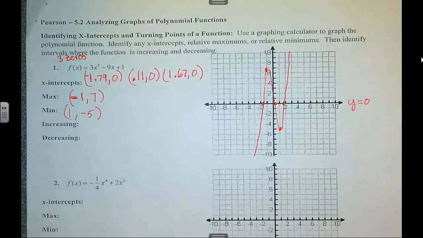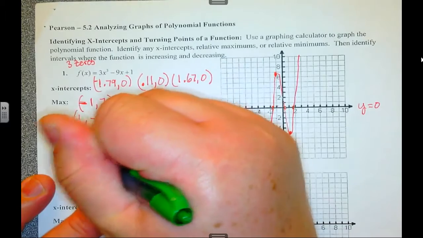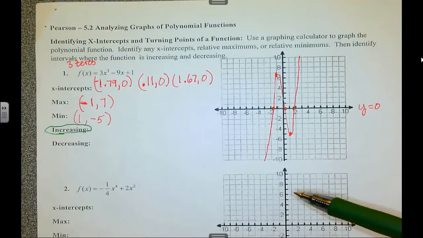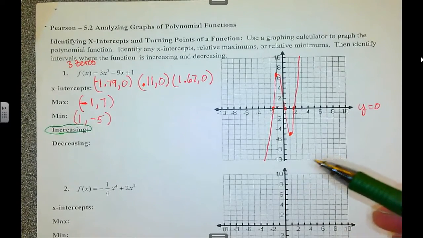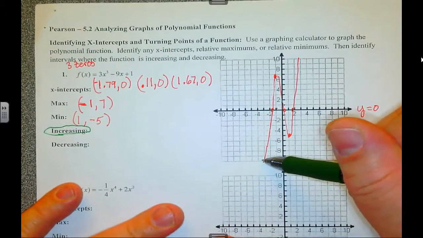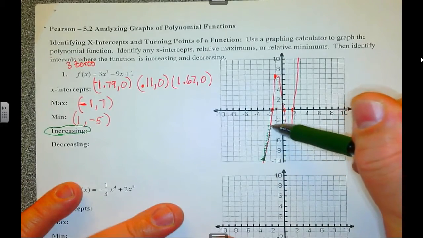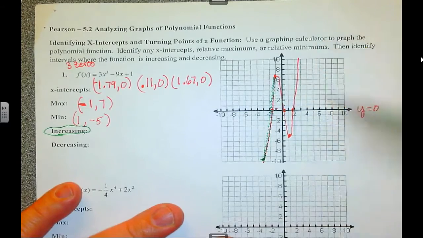This is the new part. This is the only new part of this whole section, the increasing and decreasing. Let's talk about my graph increasing. When my graph increases, it goes from a lower number to a higher number, right? That's increasing. So this part of my graph is the lowest number. It's increasing, and then it stops at that point, right?